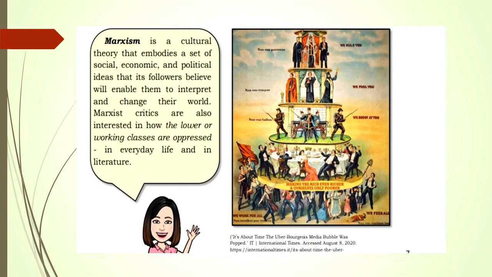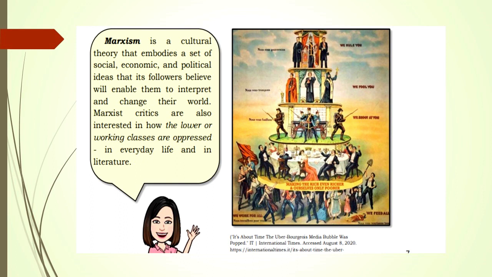Let's take a closer look at this picture. The photo is illustrating Marxism. Marxism is a cultural theory that embodies a set of social, economic, and political ideas that its followers believe will enable them to interpret and change their world.